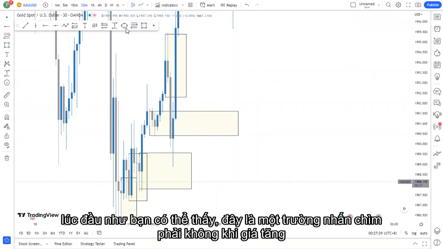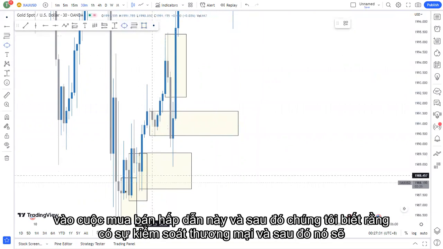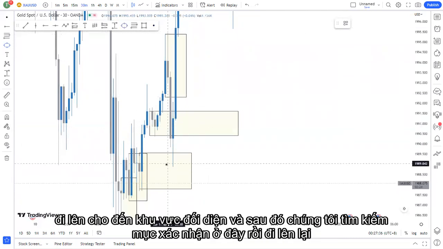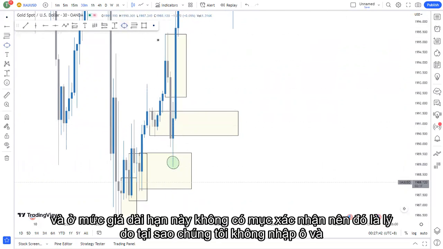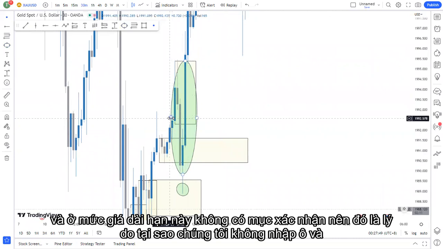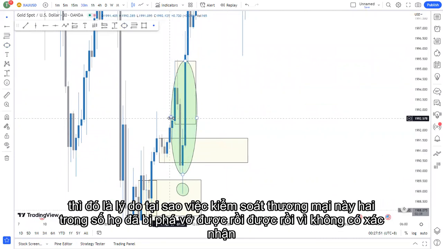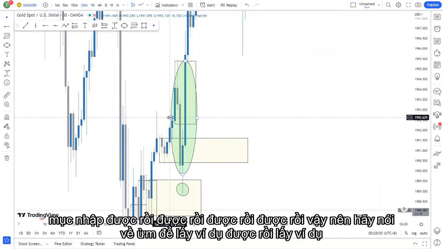When the price gets into this engulfing buy, we know that there is trade control, and it is going to go up until the opposite zone, and then we look for confirmation entry here, and then it went up again. In this long price there is no confirmation entry, so that's why we don't enter the sell, and that's why 2 of these trade controls were broken. Because there is no confirmation entry. Okay, got it.